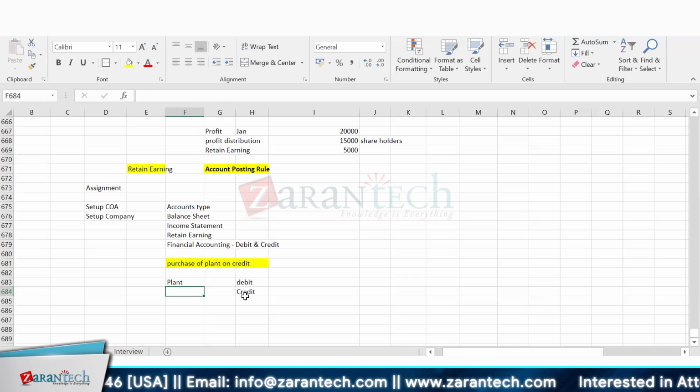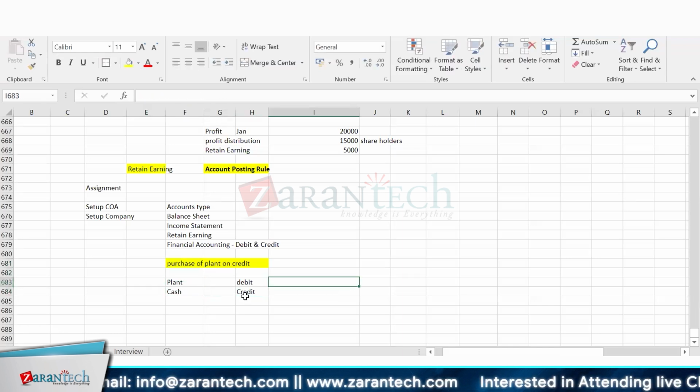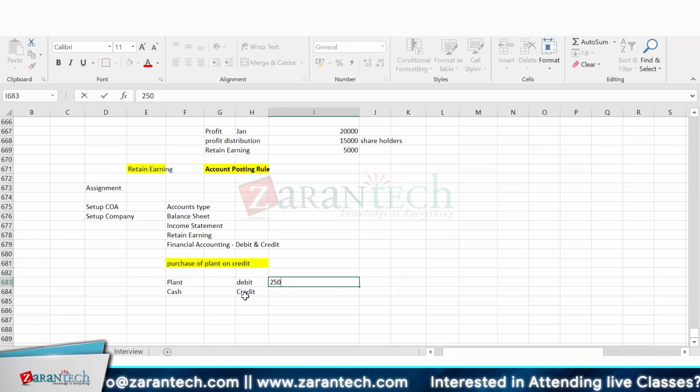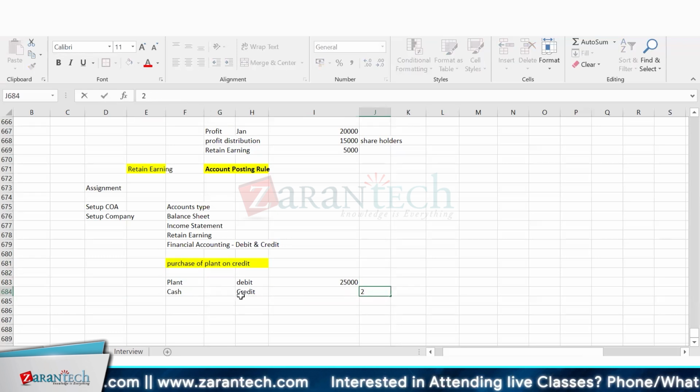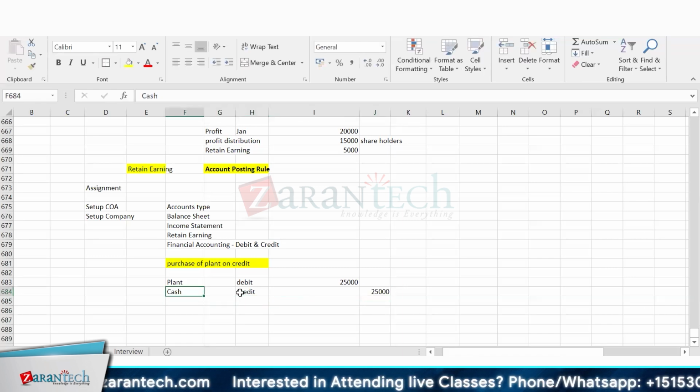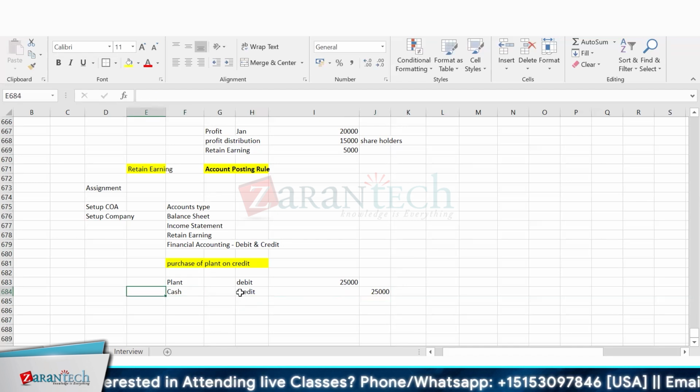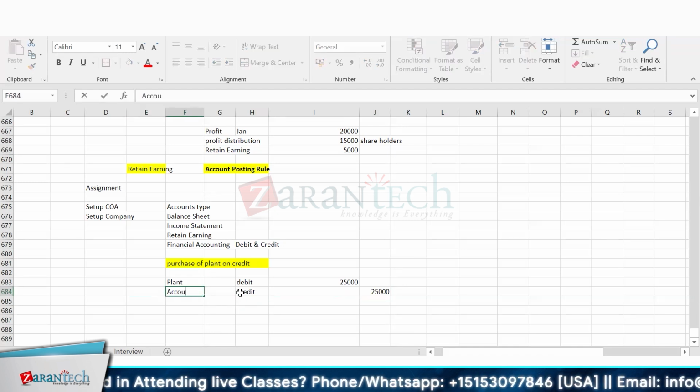Ideally, if it is on cash, that would definitely be cash with an amount of, for example, 25,000 debit and 25,000 credit. But if it is not cash, it is on credit, then obviously your credit account will hit. That account is a liability account, that is accounts payable.